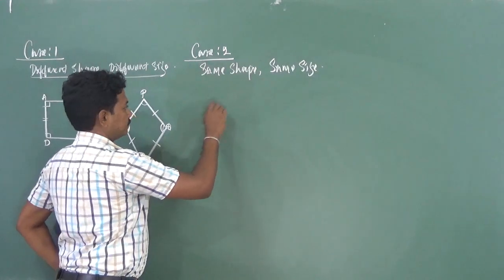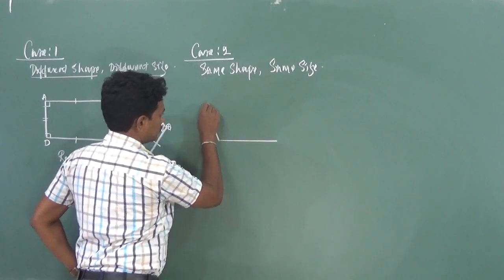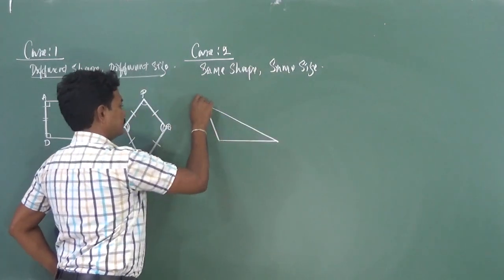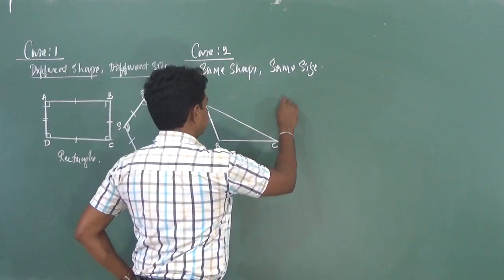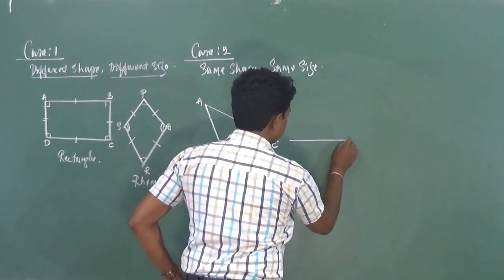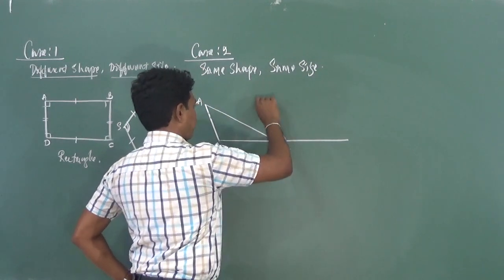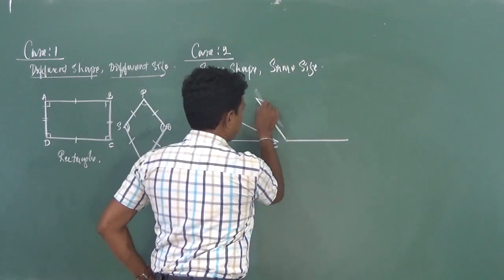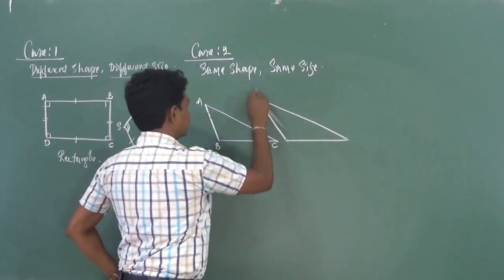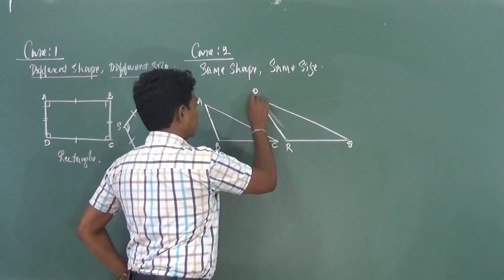We will take up two triangles. This is triangle ABC, and I'll take another triangle, triangle PQR.